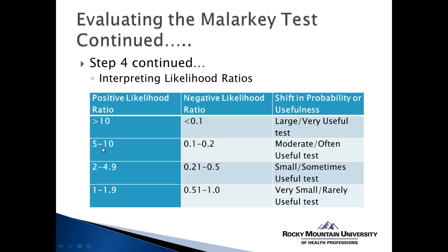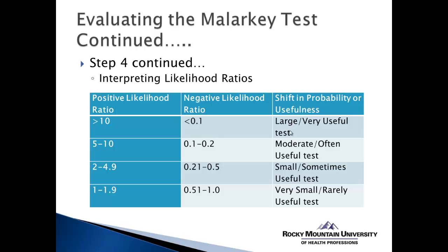As the positive likelihood ratio values increase, as we get to 10 or above, that would indicate a large shift in probability and probably a very useful test. As the negative likelihood ratio values get smaller, in other words closer to 0, that would also indicate a large shift in probability and probably a very useful test.